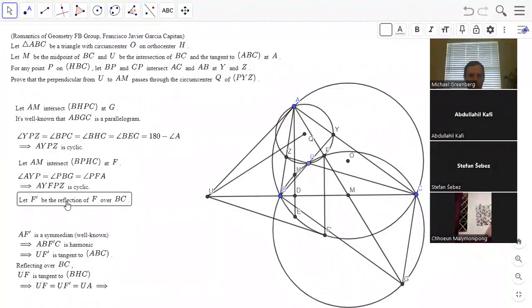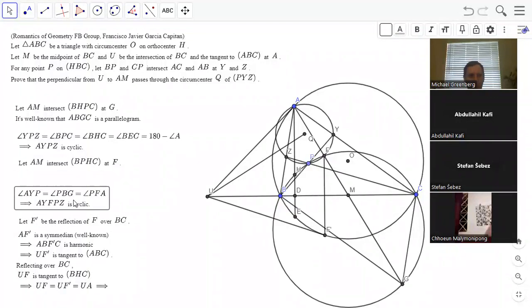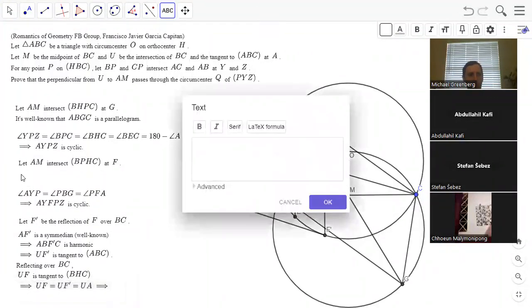So, well, we really should show that F is the Humpty point, right? But I guess it's well known that AM intersects the circle BHC at the Humpty point, because it's well known that that's a cyclic quad. So I'll just say by video 5 on my channel, F is the Humpty point.